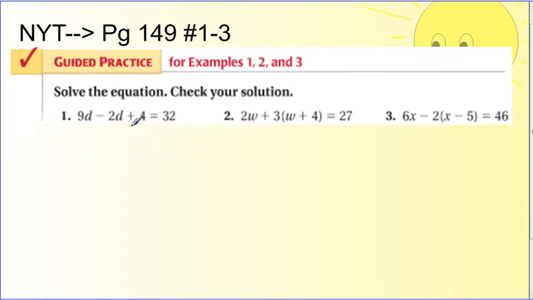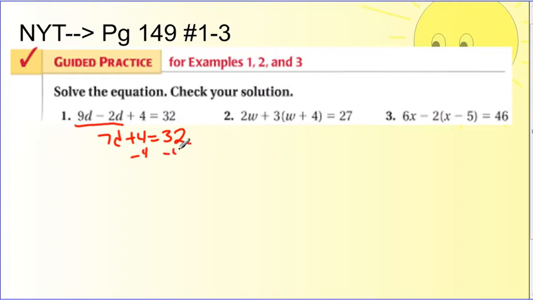Alright, let's see. There's no parentheses. I can combine like terms. I've got 2 of the same variable on the same side of the problem. That gives me a 7d plus 4 equals 32. I don't have variables on both sides, so then I'm down to get rid of add and subtract.